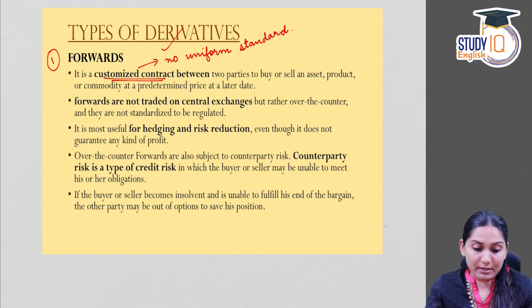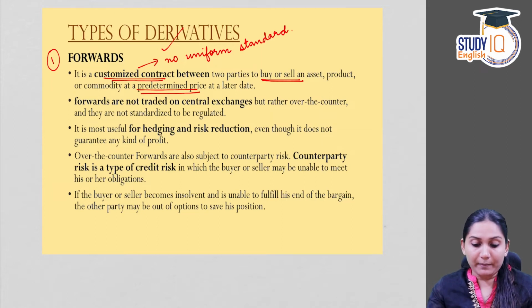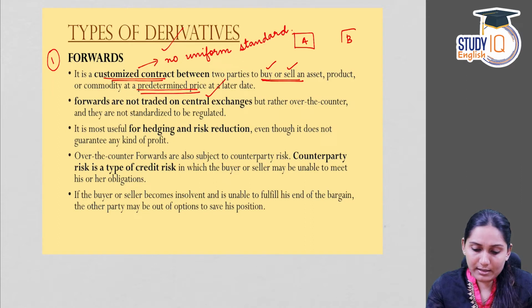It is a customized contract between two parties to buy or sell an asset, product or commodity at a predetermined price at a later date. Here, two parties A and B enter into a contract.